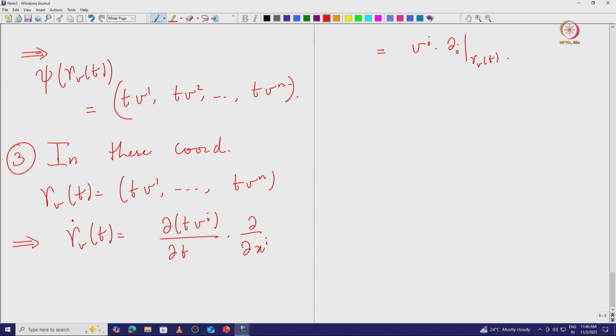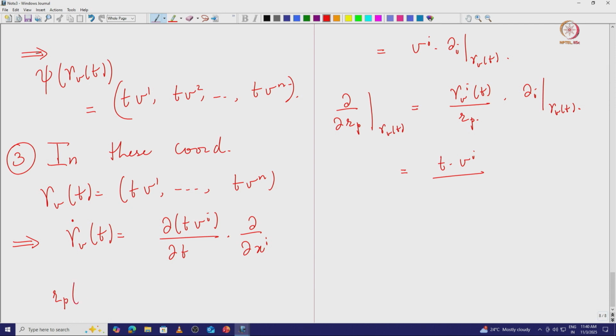Okay, but on the other hand, what is the radial vector field at gamma v of t? Well, that's given by the ith component of gamma v of t divided by the radial distance times del I. Okay, but the ith component is given by t times vi, and what is the radial distance?